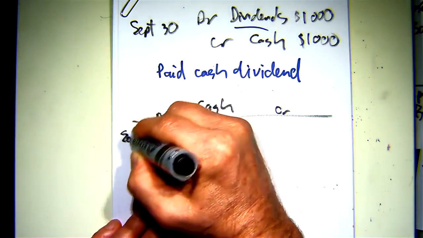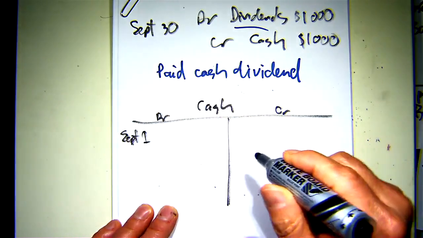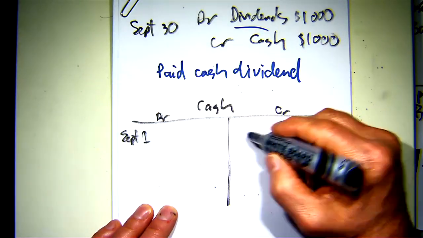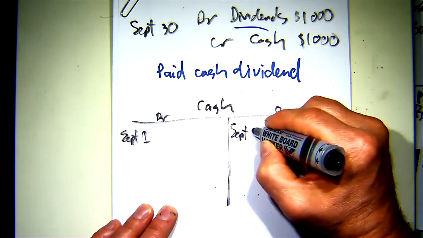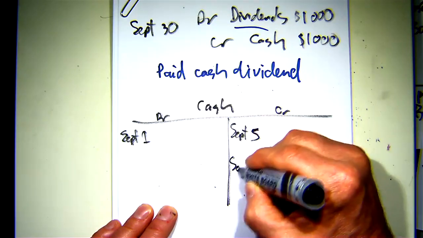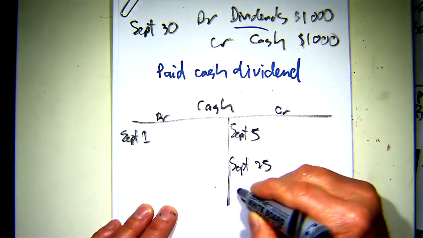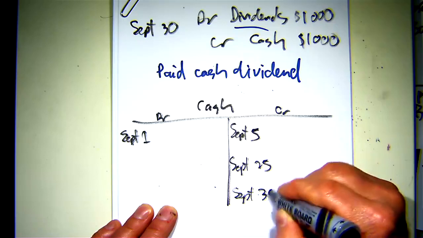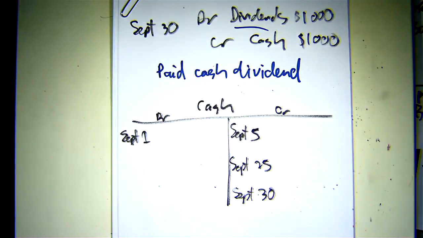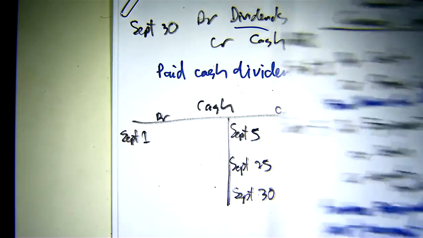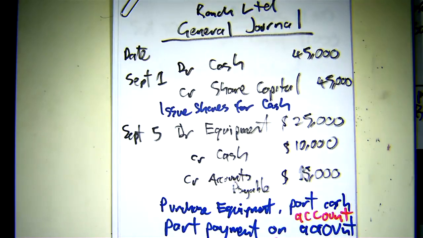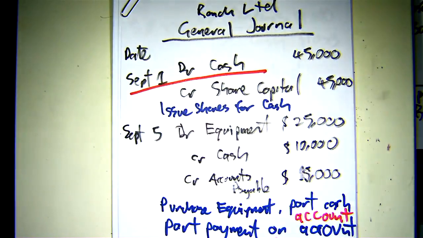I've got September 1, September the 5th, September 25, September 30. So what I'm going to do now is highlight all the cash transactions.